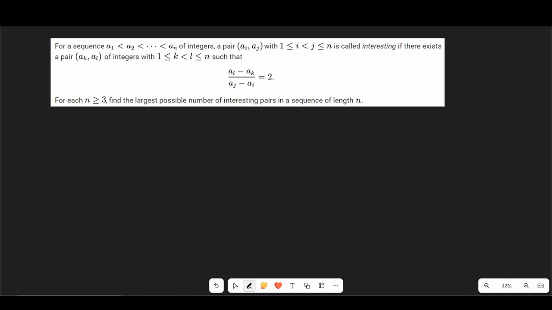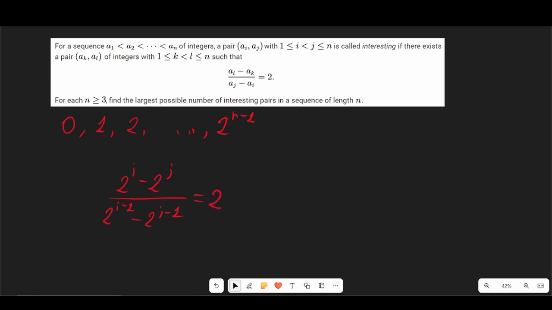We wish to show a construction. Consider the sequence of all powers of 2: 2 to the 0, 2 to the 1, 2 to the 2, all the way up to 2 to the n minus 1. If we take (2 to the i minus 2 to the j) over (2 to the i minus 1 minus 2 to the j minus 1), this is always 2.